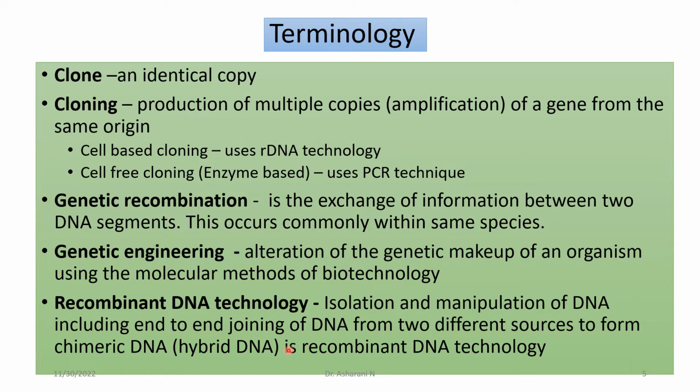You isolate a DNA of interest, then transfer it onto another DNA fragment, where both are joined end to end, and the resultant DNA is known as hybrid DNA, chimeric DNA or recombinant DNA. This whole process is known as recombinant DNA technology.